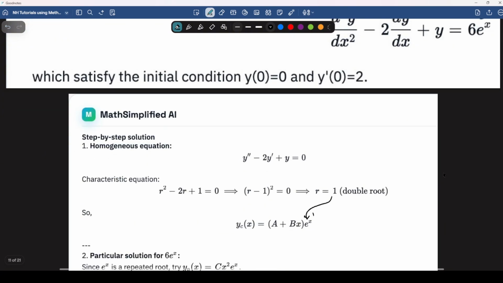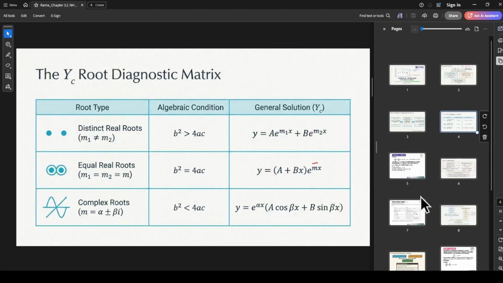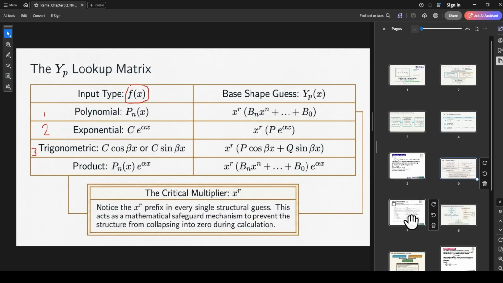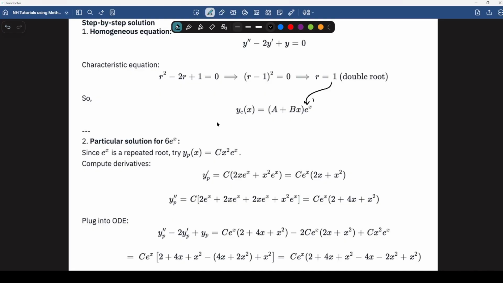The general solution for that type of exponent is shown in this table. For the exponent, it is x to the power of r times a constant times e to the power of alpha x.